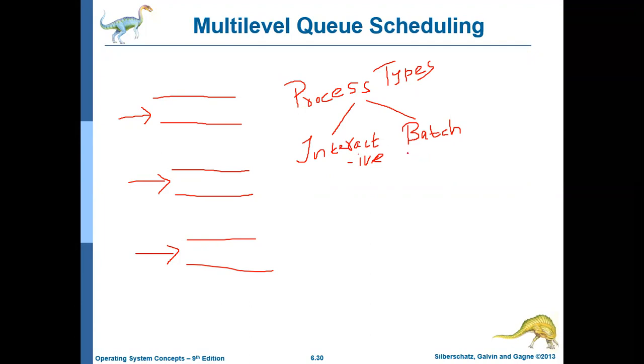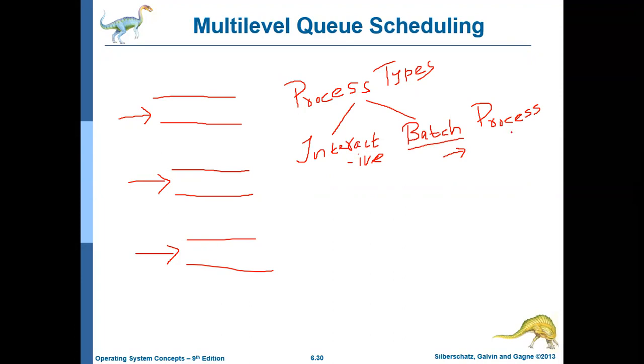Whereas batch processes are also user processes, but here the user submits the job or process and then goes away, and it does not require any user interaction. This job should be completed maybe within an hour, or 2 hours, or 10 hours, whatever it may be.